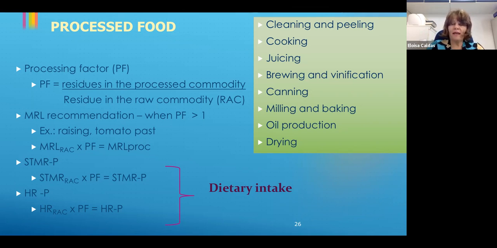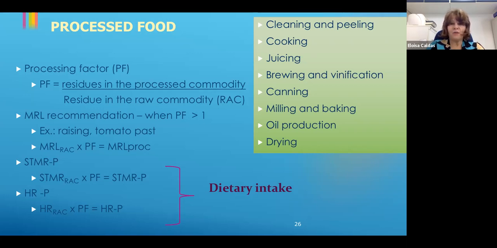Otherwise, you can have an intake problem just because you use the residues in the crop before processing, and that reflects something that is really not real, because we don't eat, for example, raw maize.